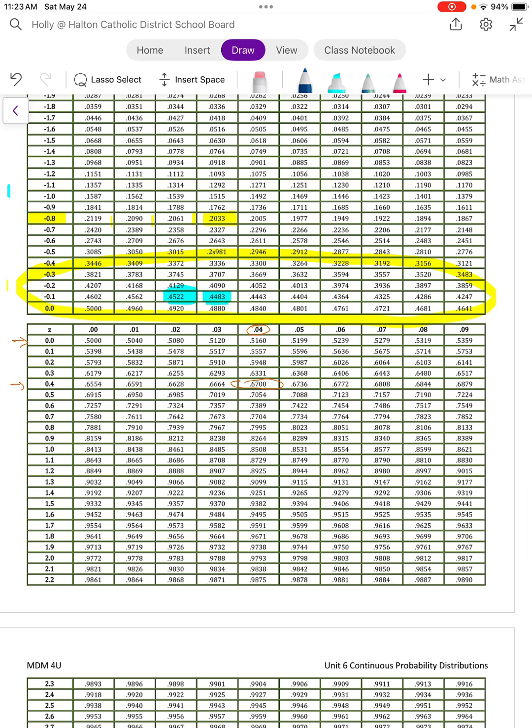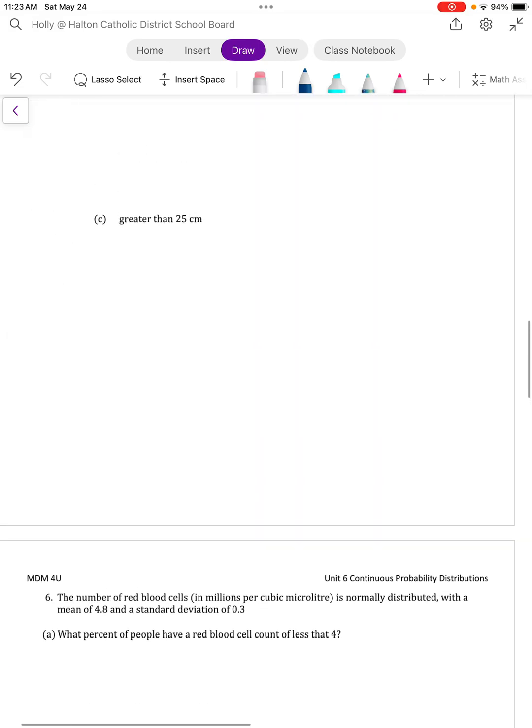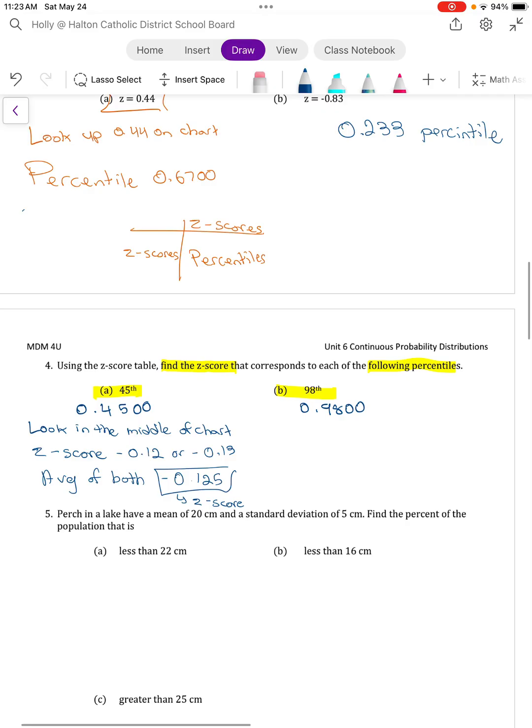A Z-score of 2.05, I'd say. That one there. 0.9798. So that's close enough to 0.9800. So you have a Z-score here of 2.05. You want to take the Z-score that's as close as possible to that percentile.